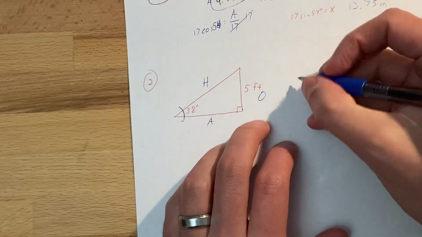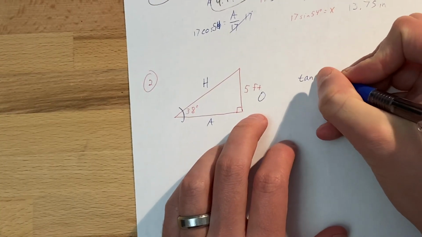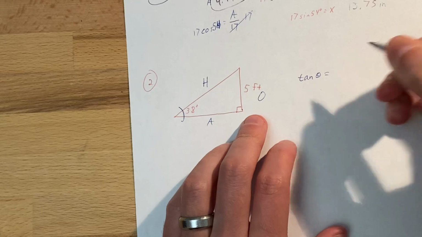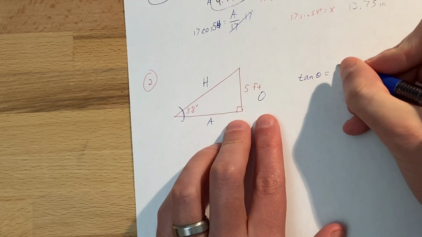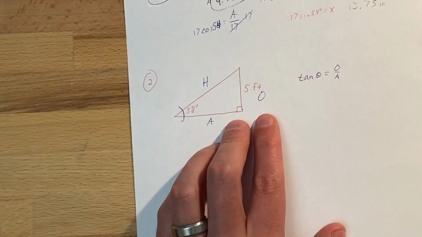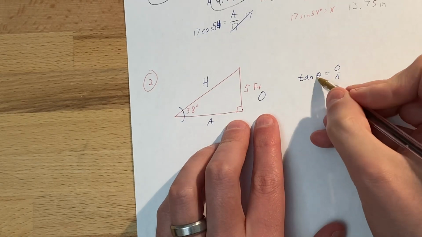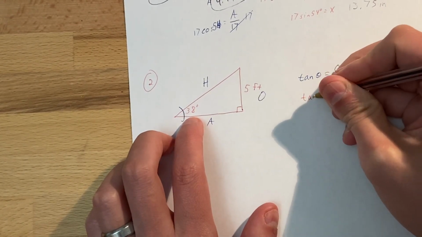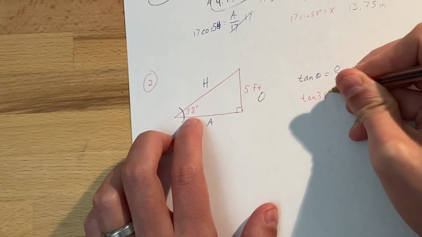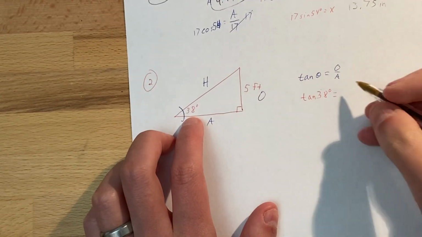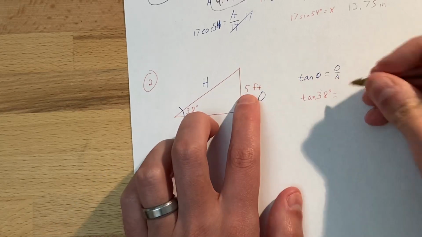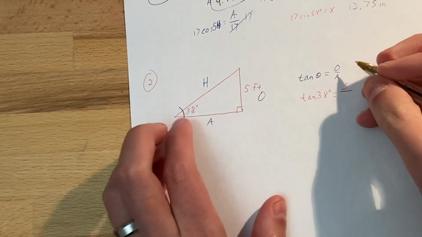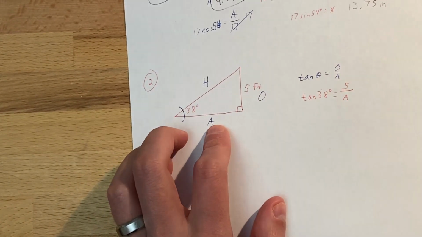So I'm going to set up the tangent of the angle is equal to opposite over adjacent. Do we have the angle? Yes, it's 38. So tangent of 38 degrees equals the opposite side, which is 5, over the adjacent, which I don't know.